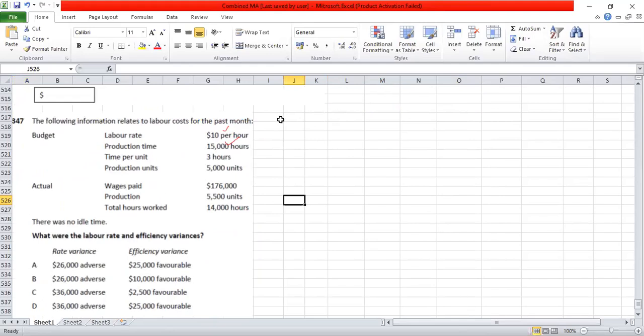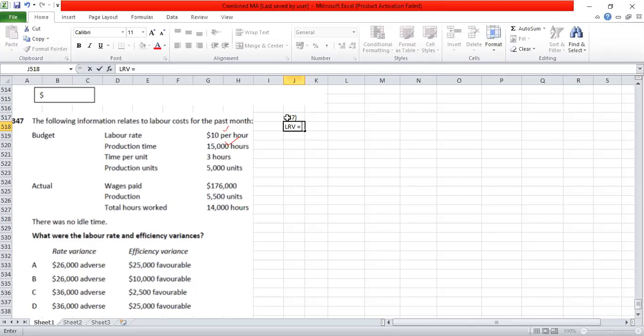This is question number 347. We are asked to calculate what were the labor rate and efficiency variance. So let's start with first one, labor rate variance.